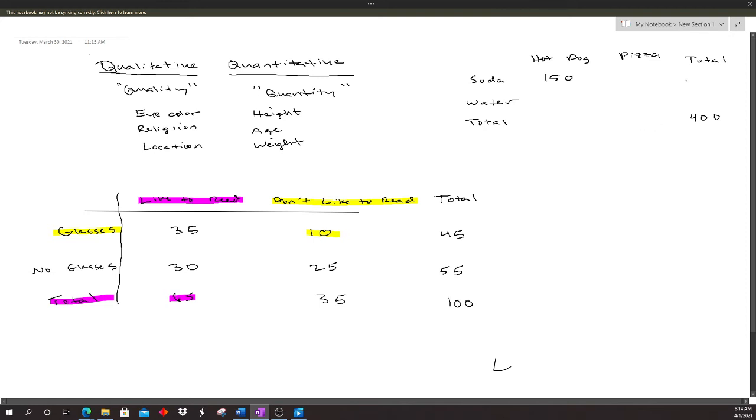Let's say there were 200 total that had hot dogs, and I tell you there were 75 that had pizza and a water.